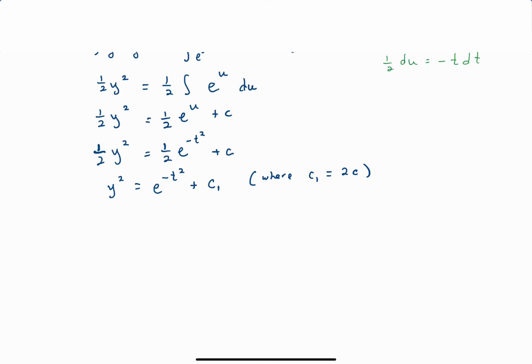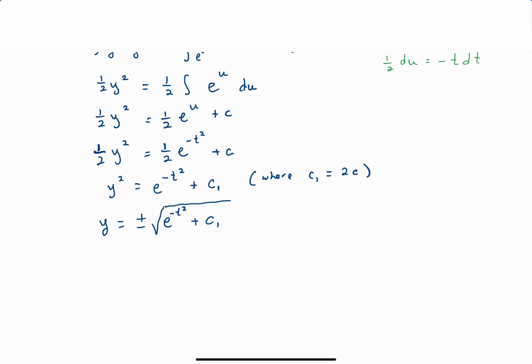And then to finish solving for y, we'll square root both sides. Don't forget you need a plus minus when you square root both sides of an equation. And under the square root, we'll have e to the minus t squared plus c1. And once again, the c1 has to stay inside the radical. We don't have a way of getting it out.